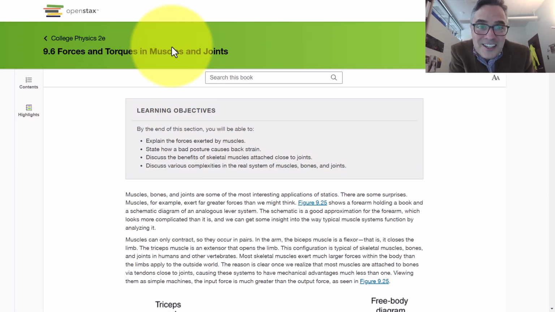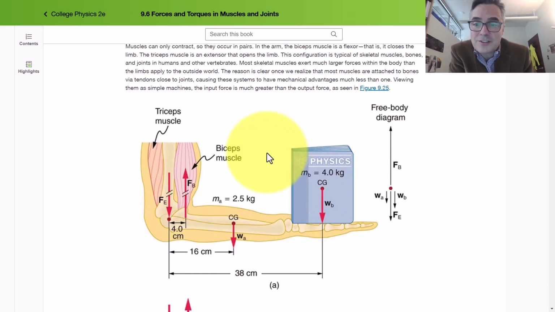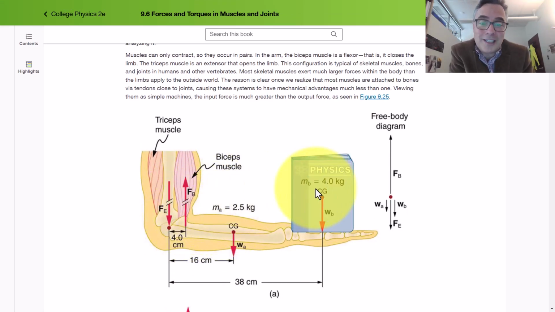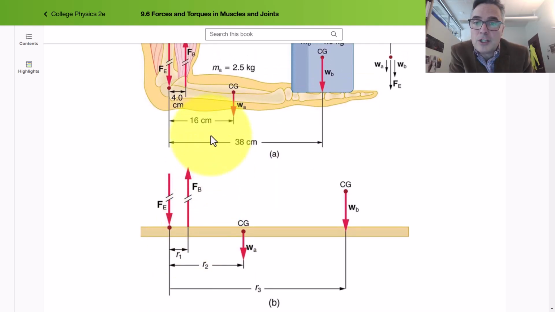And the last section of this chapter talks about forces and torques in muscles and joints in the human body. So here's a little sketch of someone holding up a physics book, and then here's an extended free body diagram showing the forearm and the different forces that are acting on it. So here's the force of the bicep, here's the weight of the book, which is going to be balanced by an upward force here on the book.